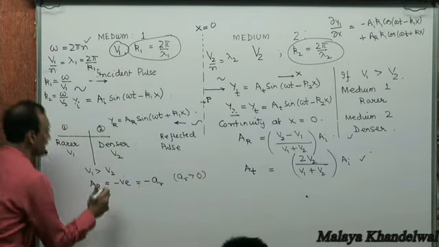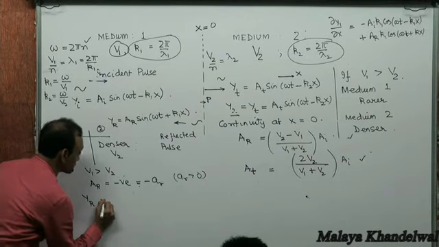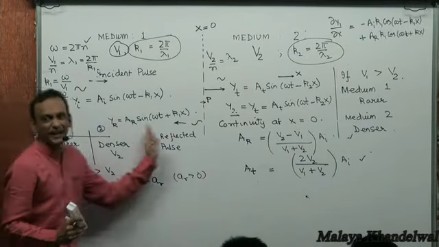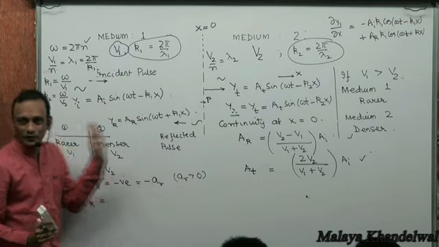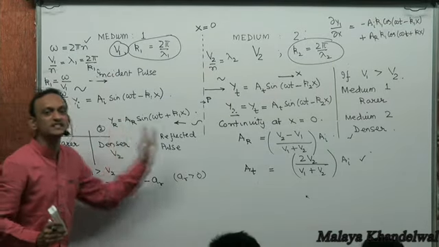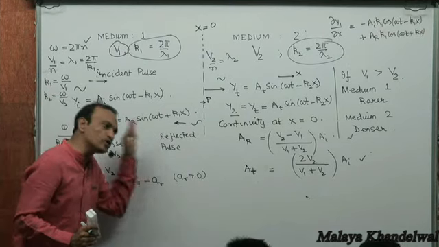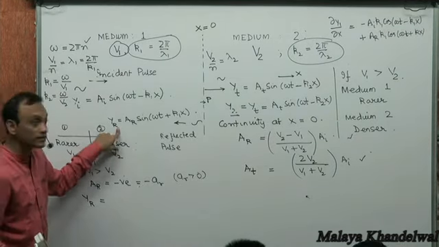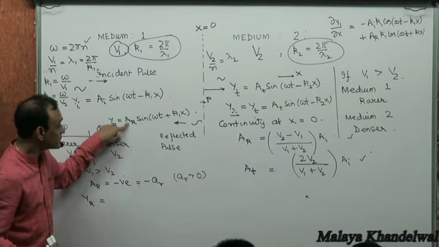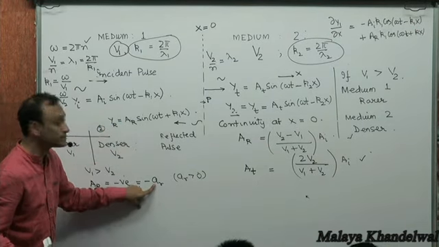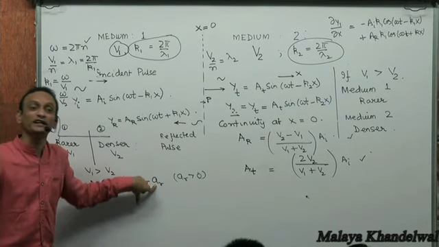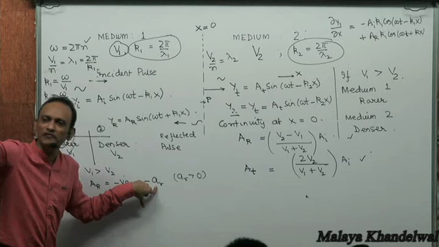Now what is YR? Y of the reflected pulse. I'm talking of a situation where the pulse is traveling from a rarer to a denser medium. V1 is more than V2, rarer to denser. Speed in rarer will be more than speed in denser. So for YR, the reflected pulse, this capital AR I write as minus small AR, where small AR is a positive number, the magnitude of the amplitude of the reflected pulse.